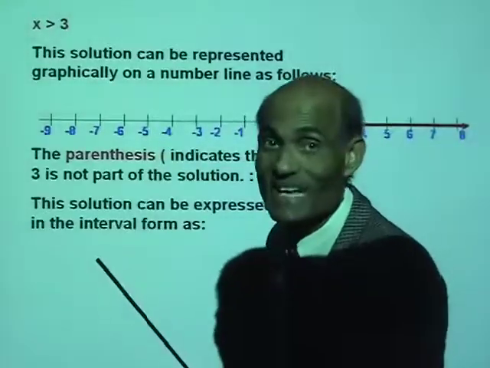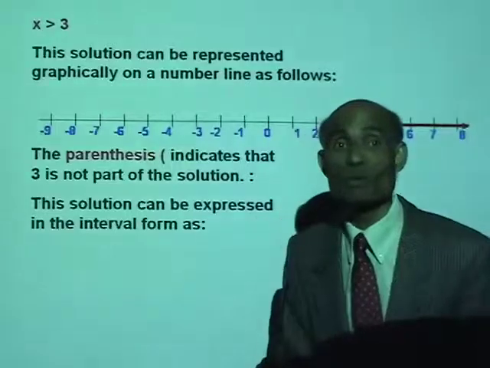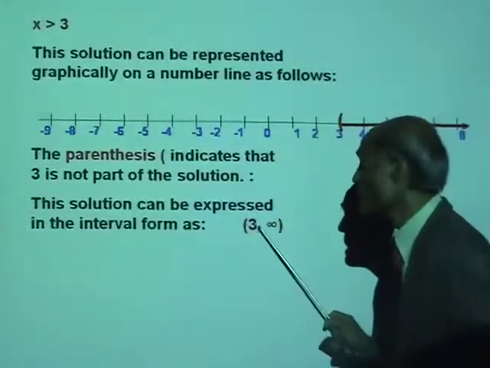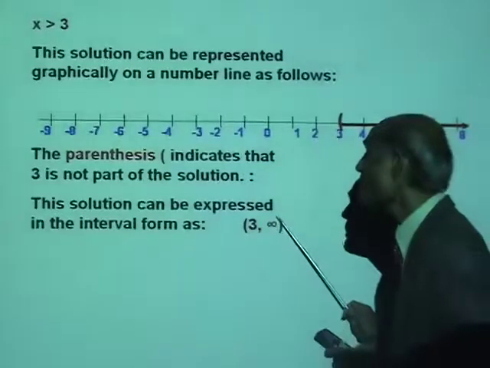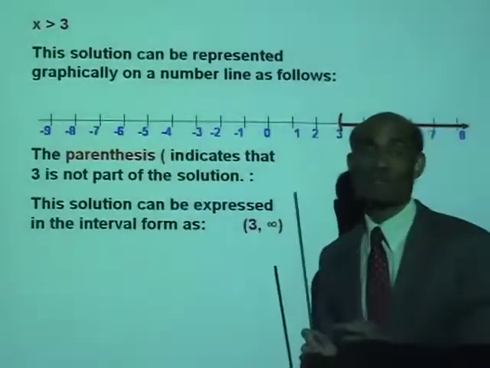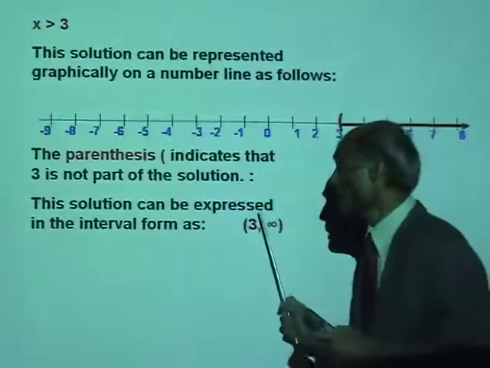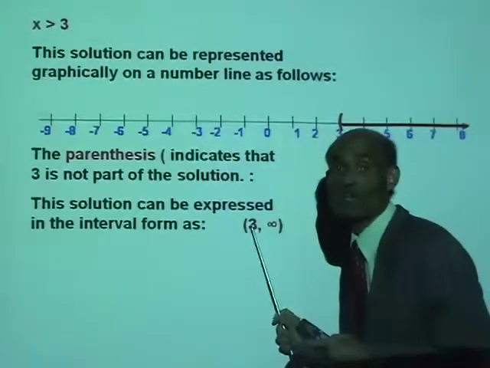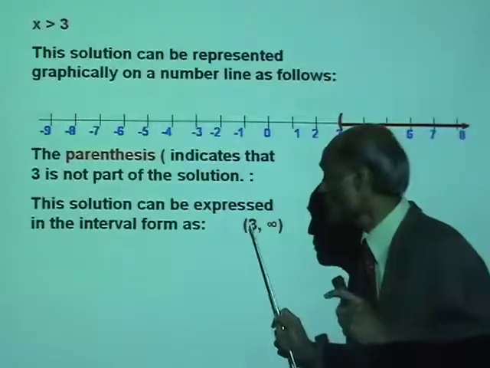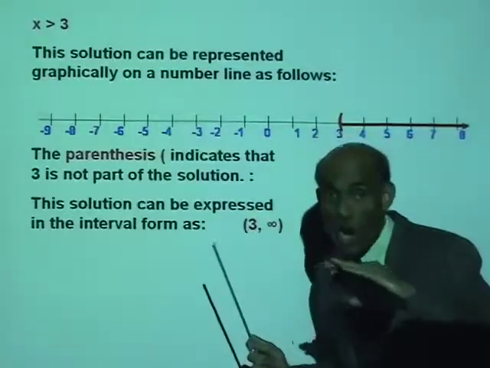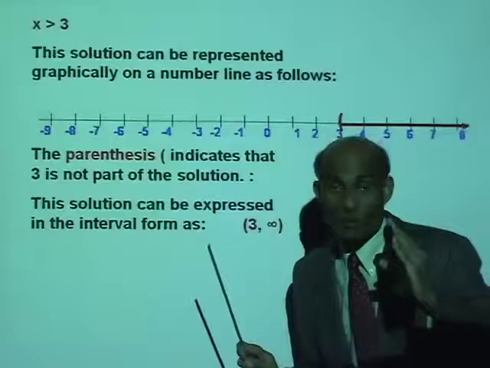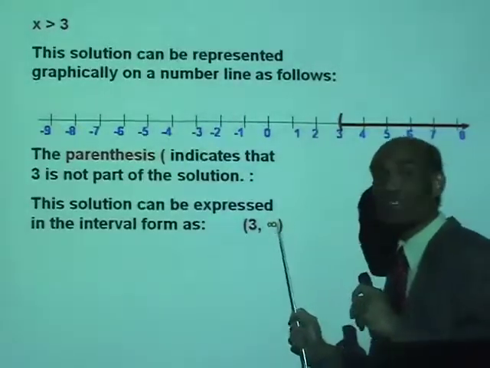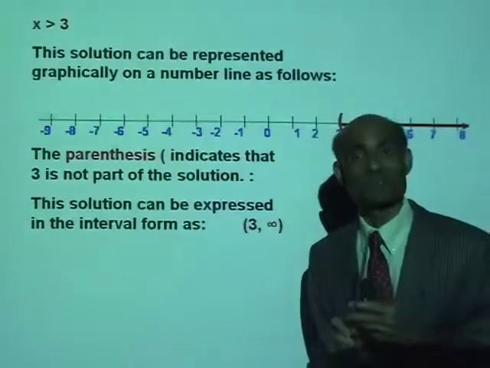So how do we write that as an interval notation? Watch how it is written. Parenthesis 3, comma, infinity, parenthesis closed. Now again, when you write a parenthesis before a number, it tells me that this number 3 is not part of the solution, but anything greater than 3 all the way to infinity is a solution.